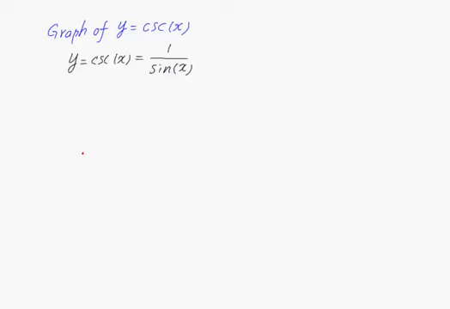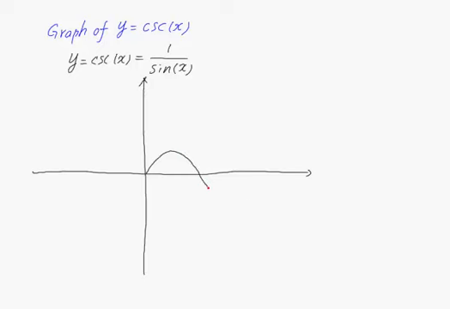So we can first draw the graph of the sine. And at the points where sine is equal to 0, cosecant has vertical asymptotes. And when sine x is equal to 1, cosecant is equal to 1.